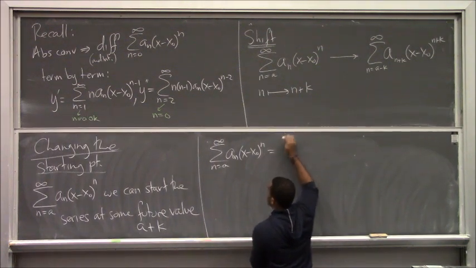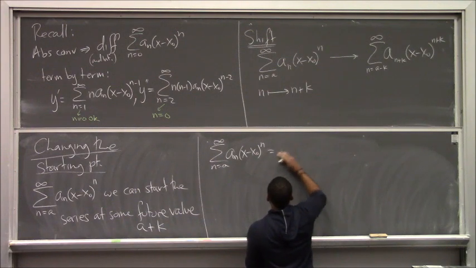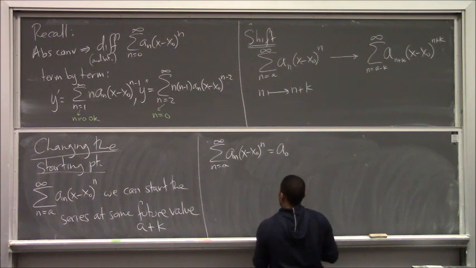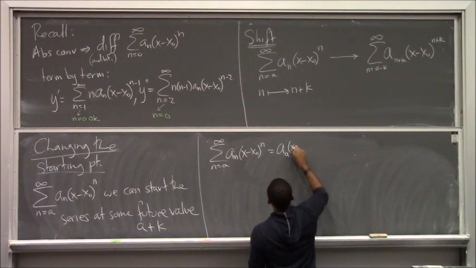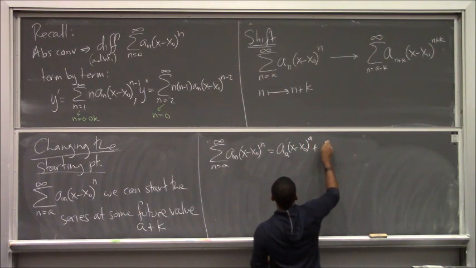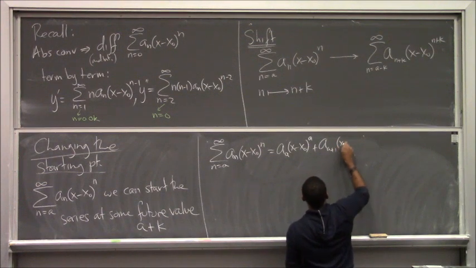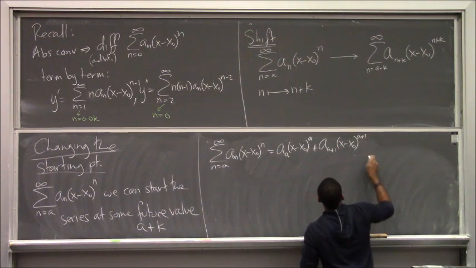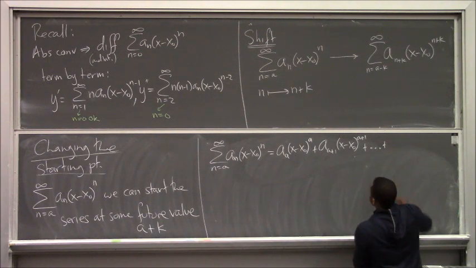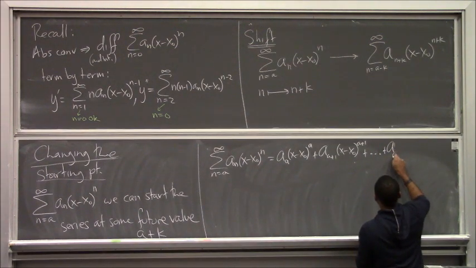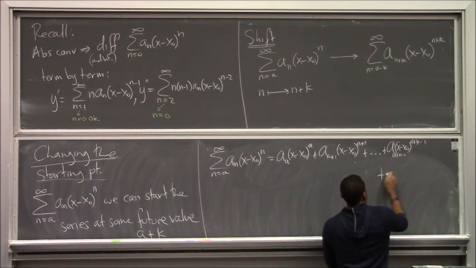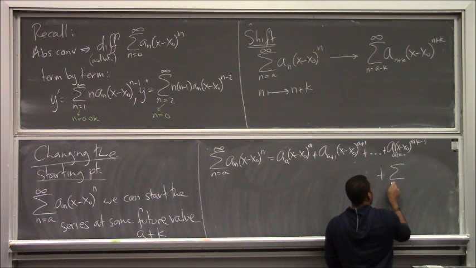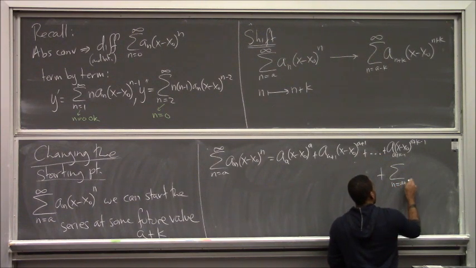It's probably a bad thing to try here, but that would look like a sub a x minus x naught to the a plus a sub a plus 1 x minus x naught to the a plus 1, and I can continue this until I get a sub a plus k minus 1 x minus x naught to the a plus k minus 1, and then I can start the series from a plus k.